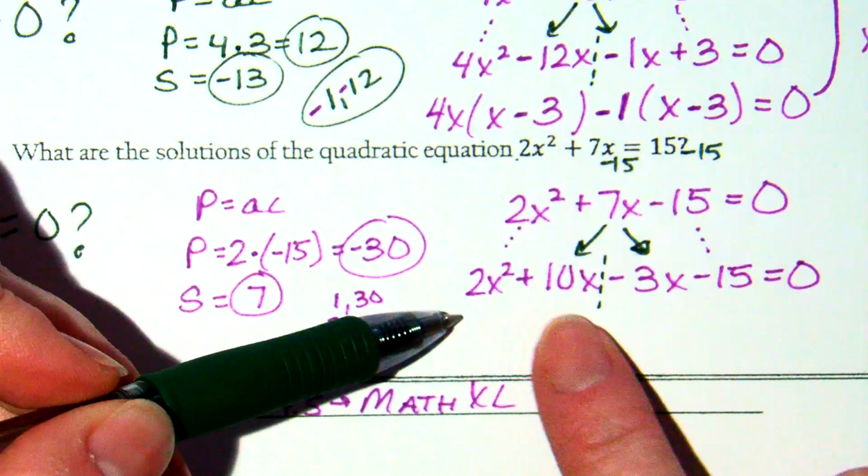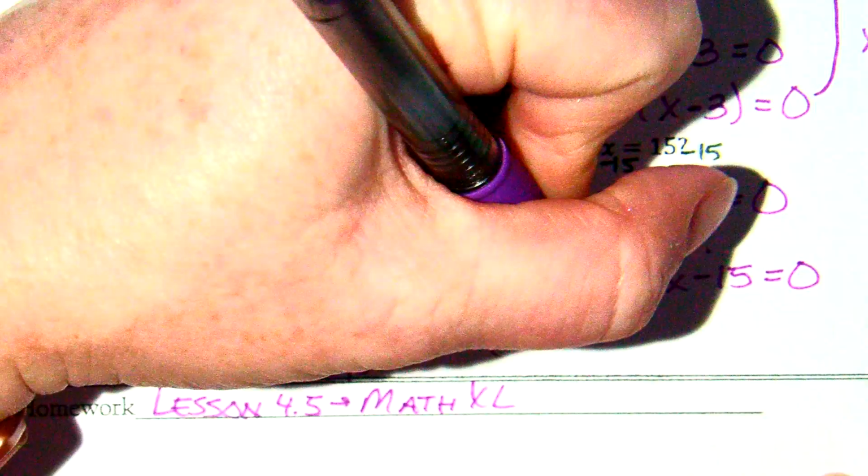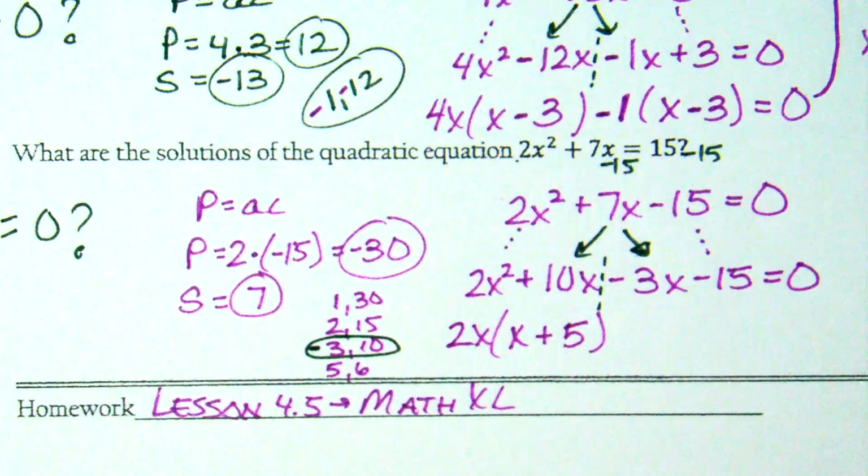GCF of the first half. So GCF of 2x squared plus 10x. They're both even, so 2, and they both have an x. 2x. 2x squared divided by 2x is x. Plus 10x divided by 2x, 5.